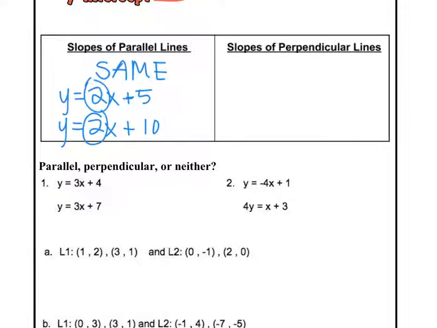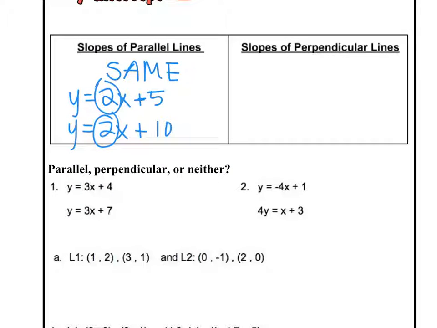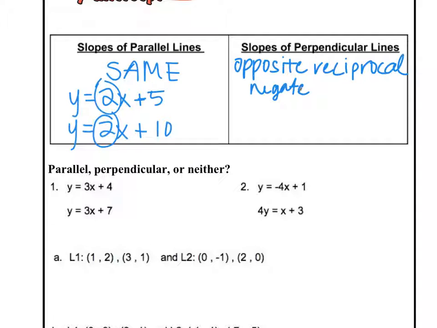Perpendicular lines, as we just discussed, have opposite reciprocal slopes. Opposite means to negate, so change the sign. Reciprocal means to flip.